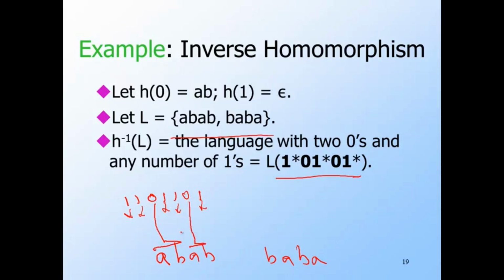But nothing can go to BABA because a zero, say, has to cover that AB in the middle. That's the only way you can map a zero. Now you've got to be able to map something to the B, but the only way you can do that is if you have a zero, but that would then map to AB. And similarly, this A, there's no way to map to that A without mapping to another B which doesn't exist.